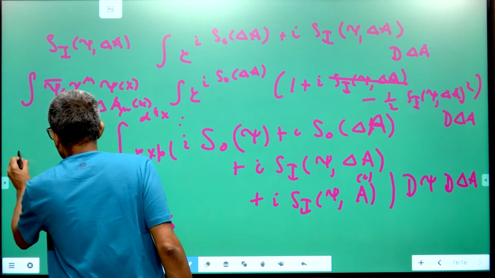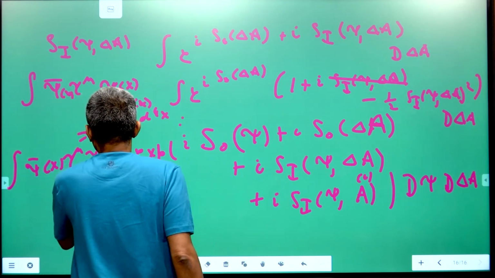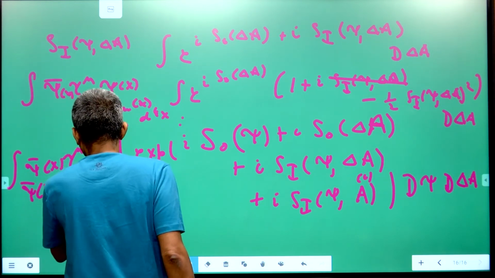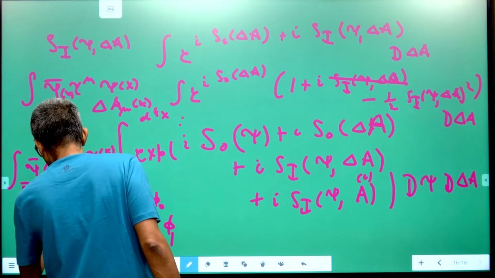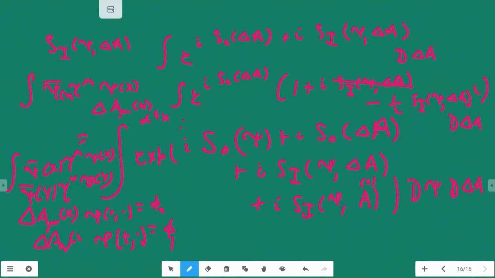You will get psi bar x gamma mu psi x multiplied by psi bar y gamma nu psi y into delta A mu x delta A nu y, d4x d4y. And if you take the path integral with respect to the unperturbed Lagrange action of the electromagnetic field, you will get the propagator of delta A mu.